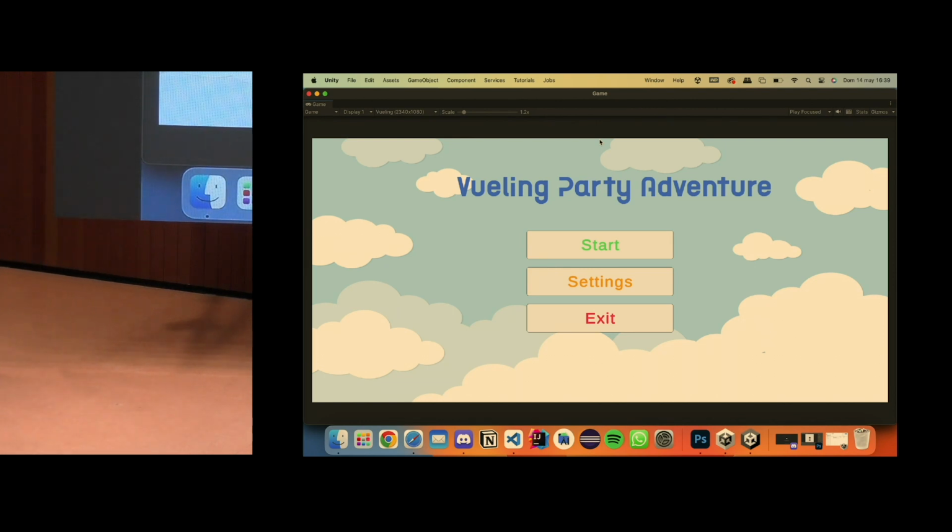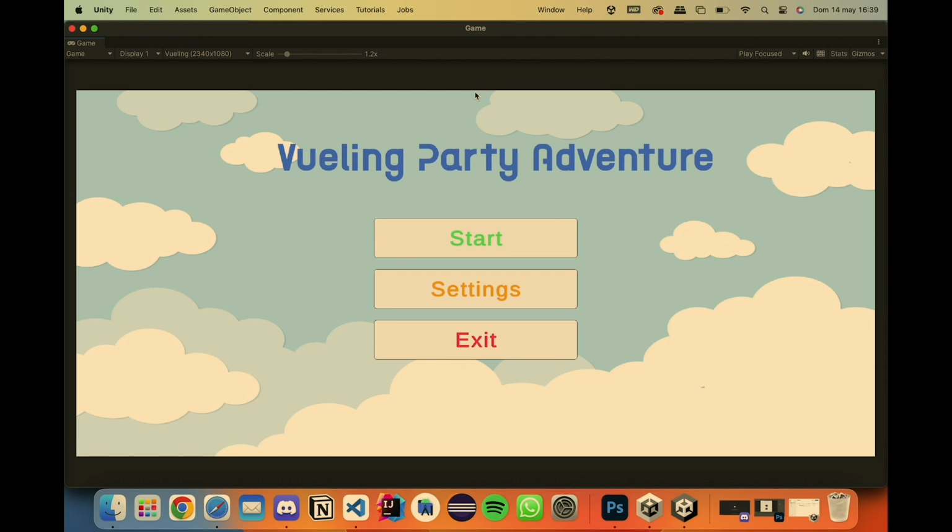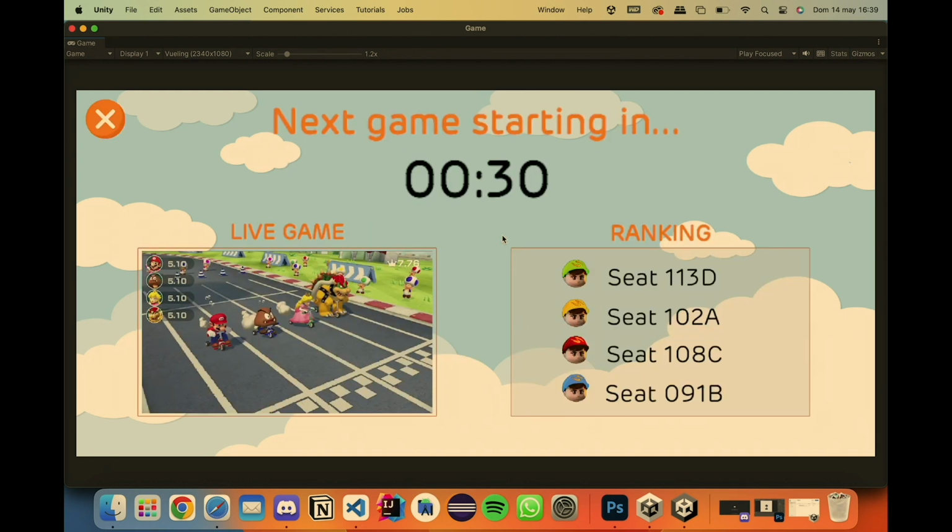Are you ready now? Okay, so as you were saying, the idea is to socialize with the people around you. So we thought about mini games where teams of 4 people can play and win points. Just for you to see how it works, we're going to make a demo.